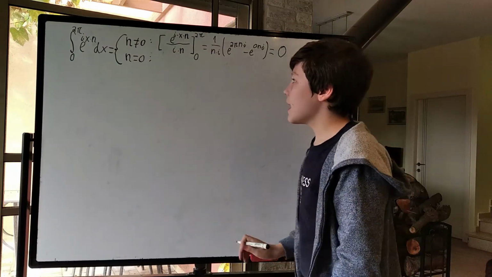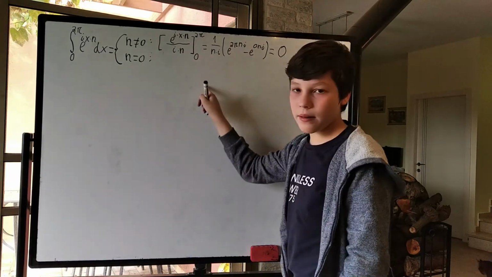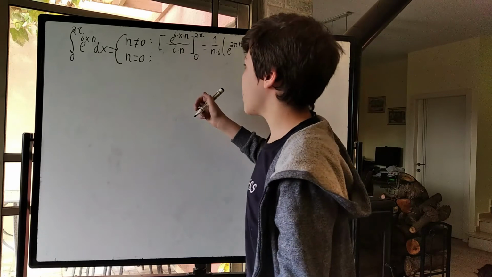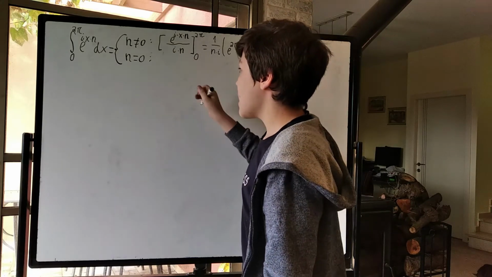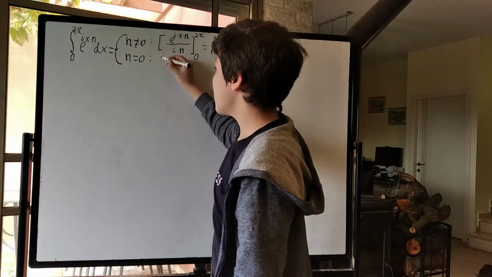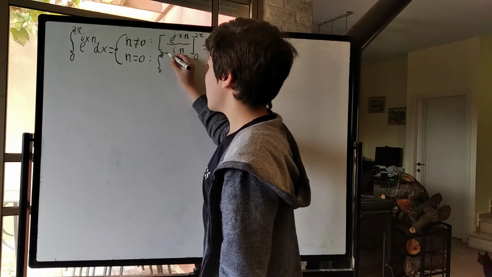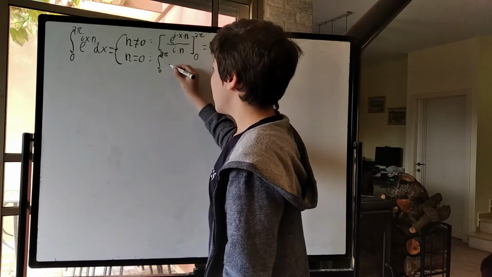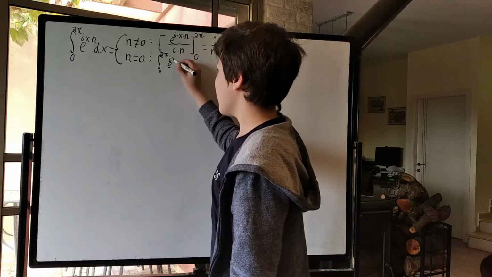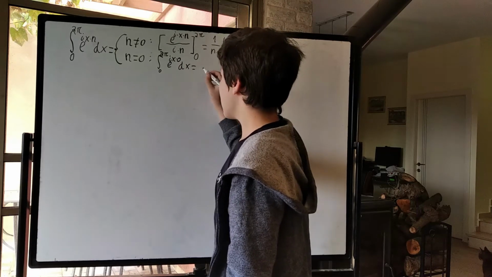Now, for the case of n equal to 0, we can't divide by n, because that's going to cause us a bunch of issues. So we're just going to plug in n equal to 0. We'll get the integral from 0 to 2 pi of e to the i x times 0 dx.